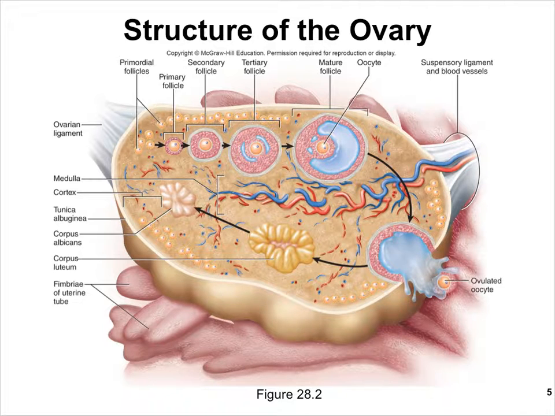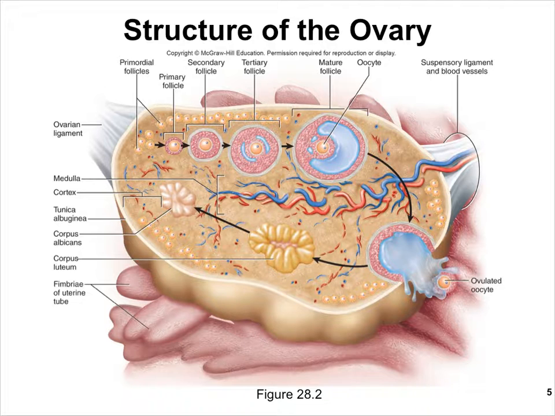So the ovary has an outside layer of connective and epithelial tissue called the tunica albuginea, and inside it has a cortex, which is the outer portion, and a medulla.